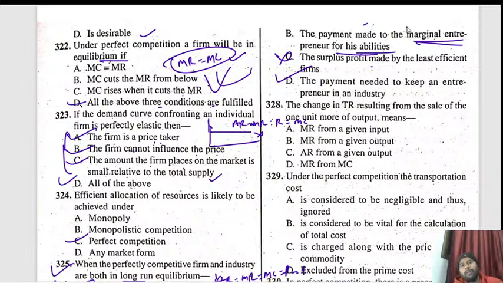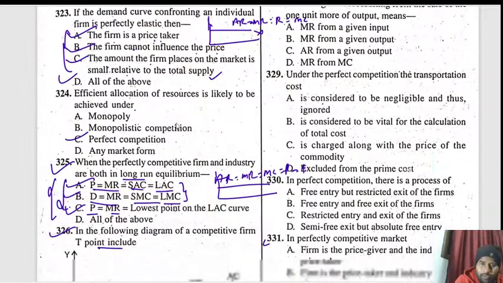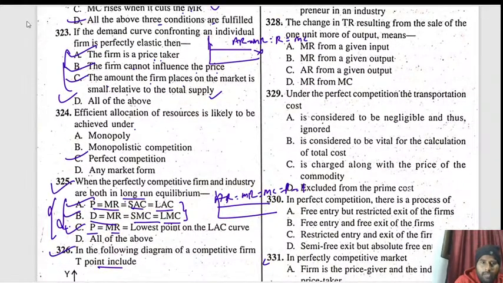See, the word marginal is saying that the entrepreneur is taking only that much cost, which is his opportunity cost. So not bad. This D can be the answer, because it sounds better than the other two options. The payment needed to keep an entrepreneur in an industry. Okay, good. The correct option is D, for 3 to 7.